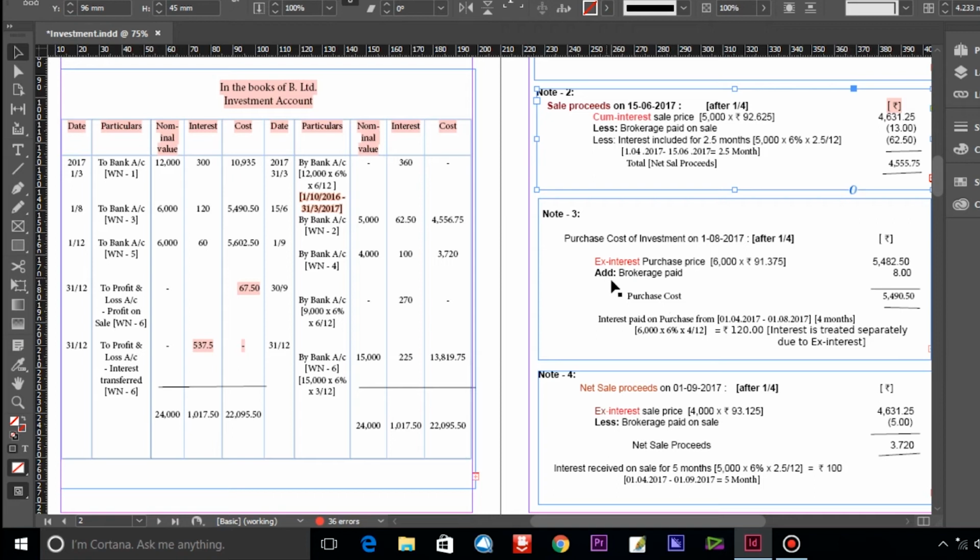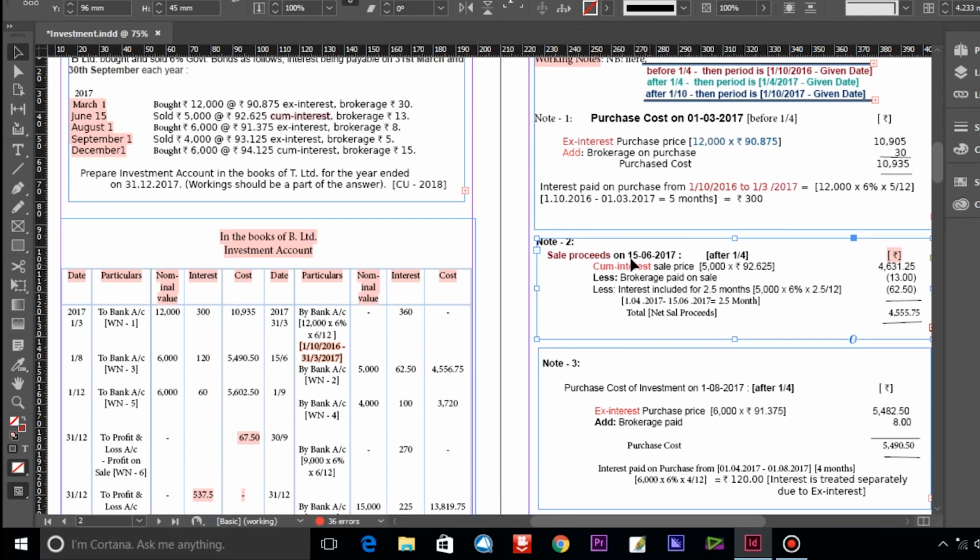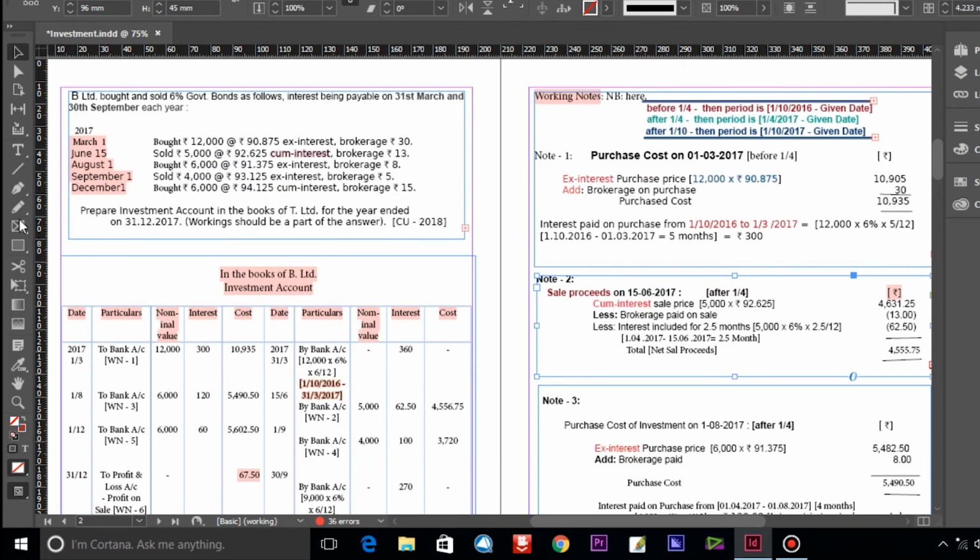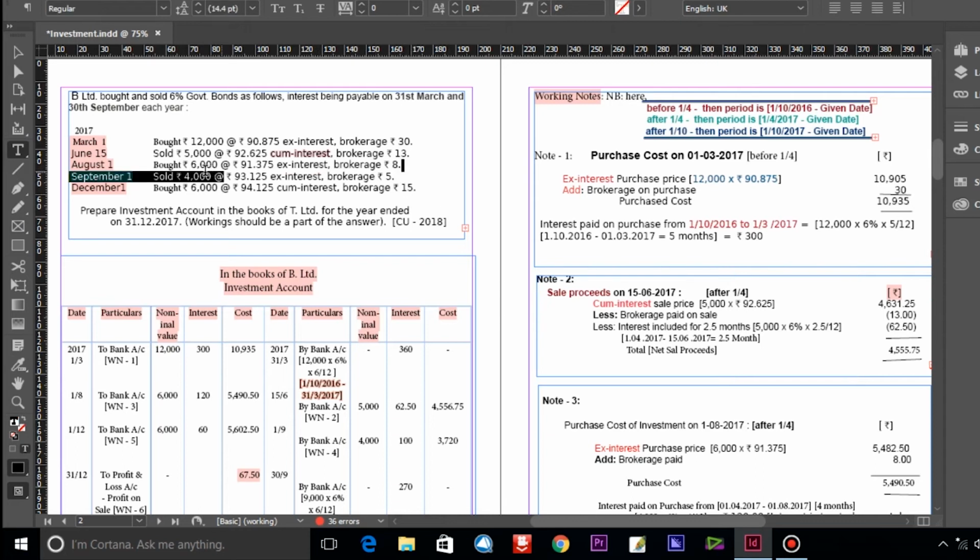120 rupees only. But interest can never be shown as a deduction or add-on to purchase cost, because it is again an ex-interest purchase. That means interest is actually excluded. Therefore, we have to add brokerage again. The brokerage amount is 8.